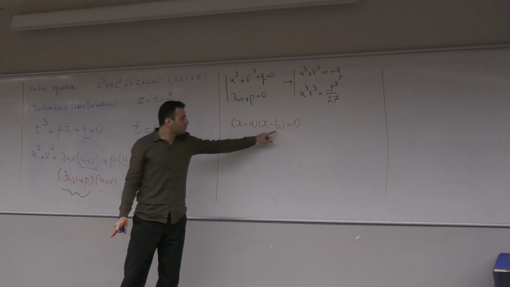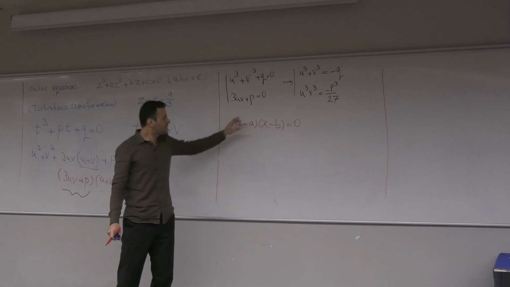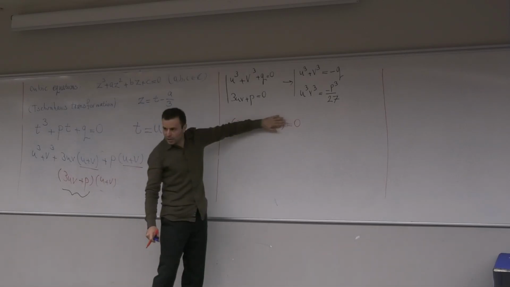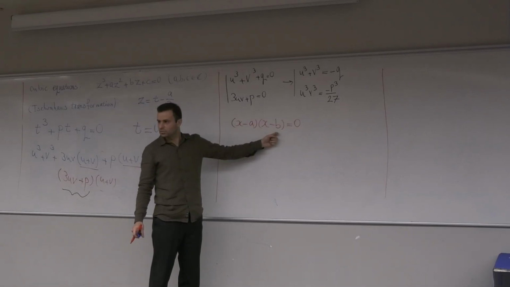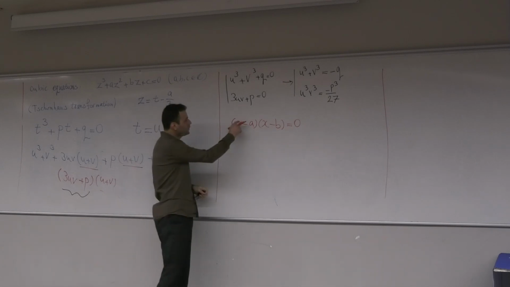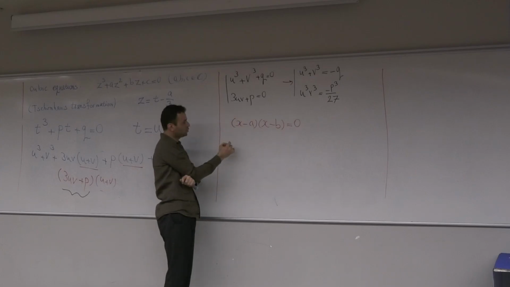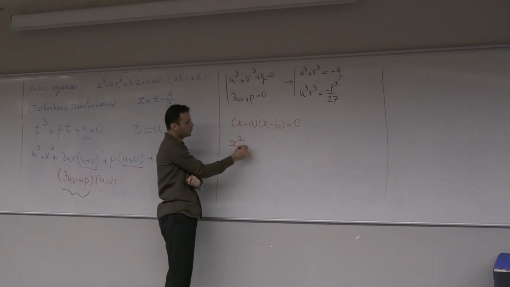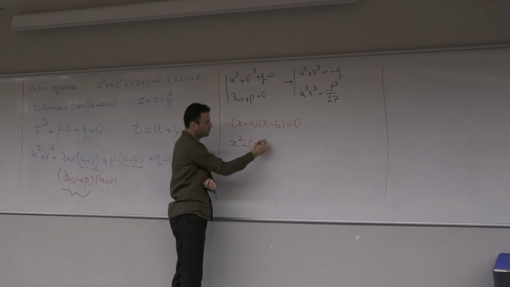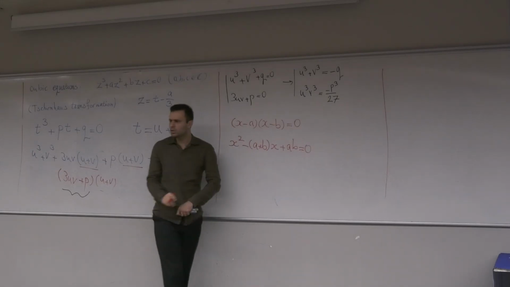What is this a and what is this b? a is one root of this second order or quadratic equation, and b is another root of this equation, right? But if you write this in the expanded form, what are we going to get? x to the power of 2 minus (a plus b) times x plus ab equal to 0. What does this mean?